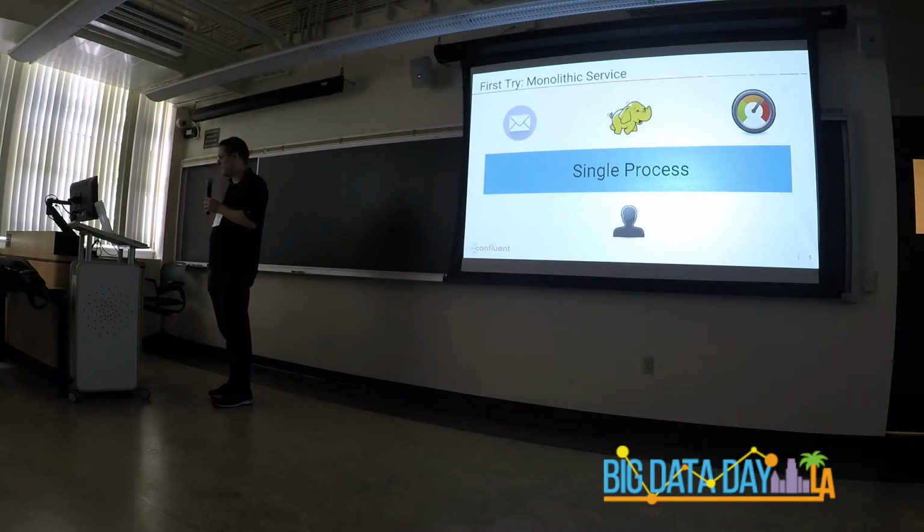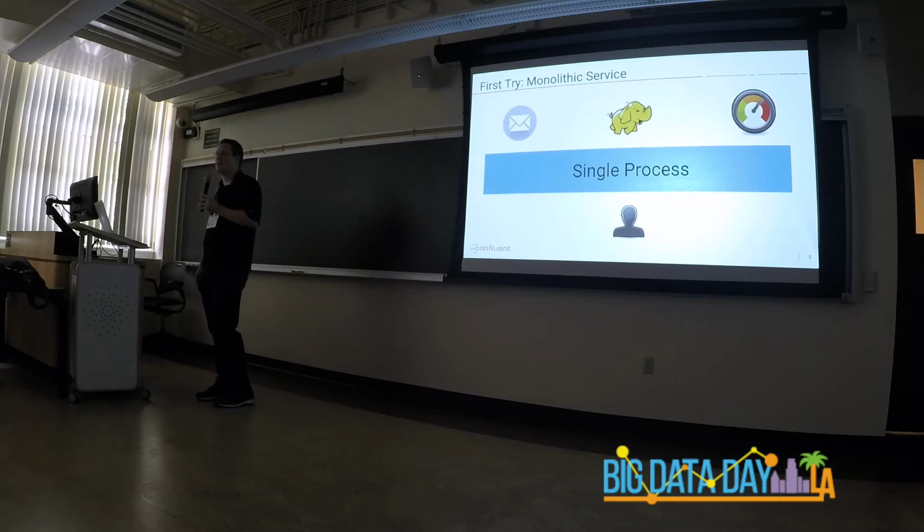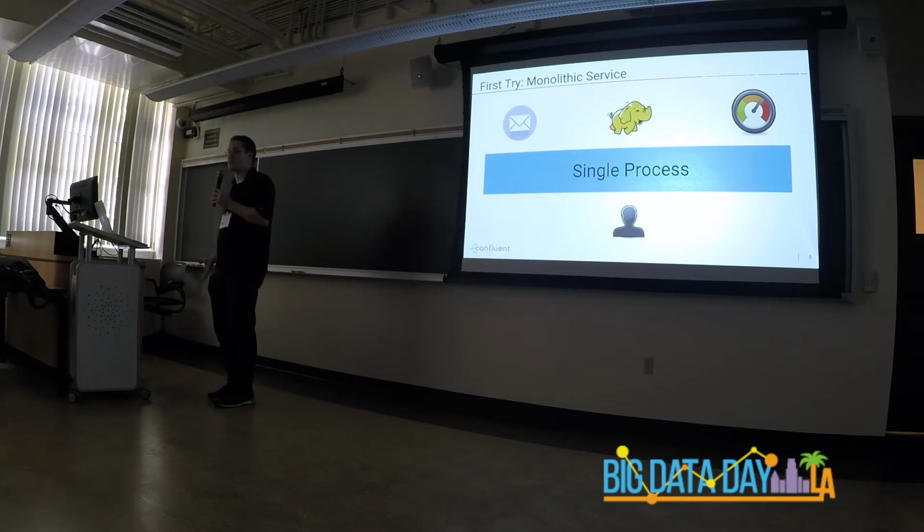Whenever we upgrade Hadoop, we want to upgrade the Hadoop connector, but that involves taking down the whole service. And then, of course, we're unavailable and people are sad. So in general, the single process works, but we just don't really like it. We feel like there are limitations on the scalability of it, and there are limitations on how decoupled things are. Things are not decoupled at all in this architecture.